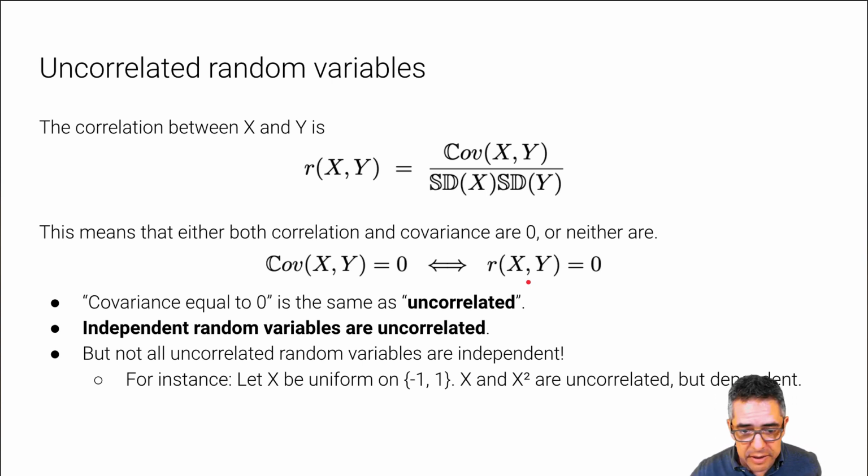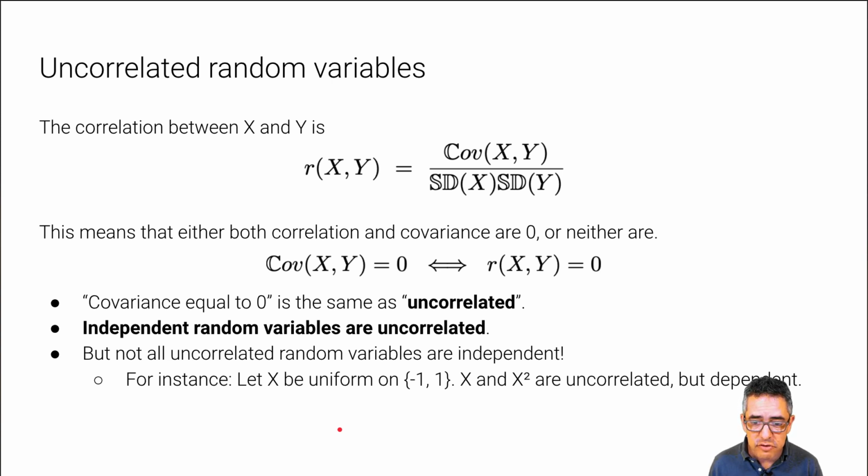Independent random variables are uncorrelated, but as we said, the converse is not automatically true. Not all uncorrelated random variables are independent. Think, for example, of X being the uniform distribution on the set of either -1 or 1 outputs. So it's a binary random variable whose only outputs are -1 and 1.